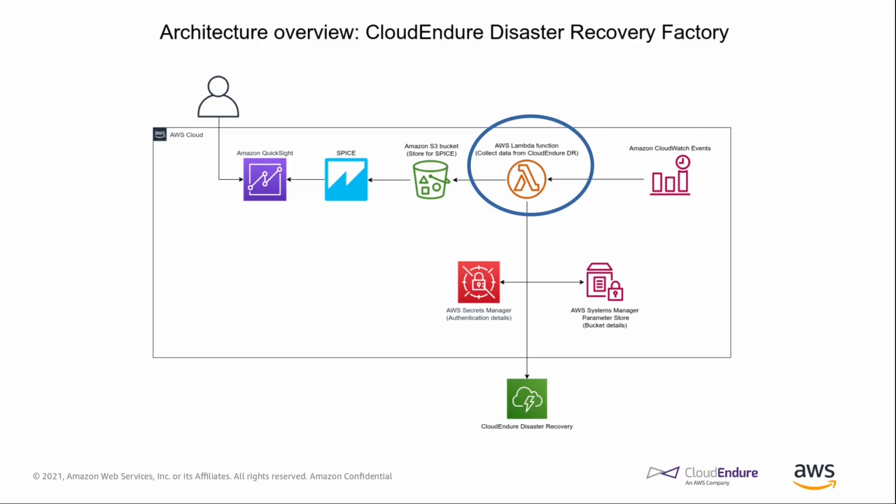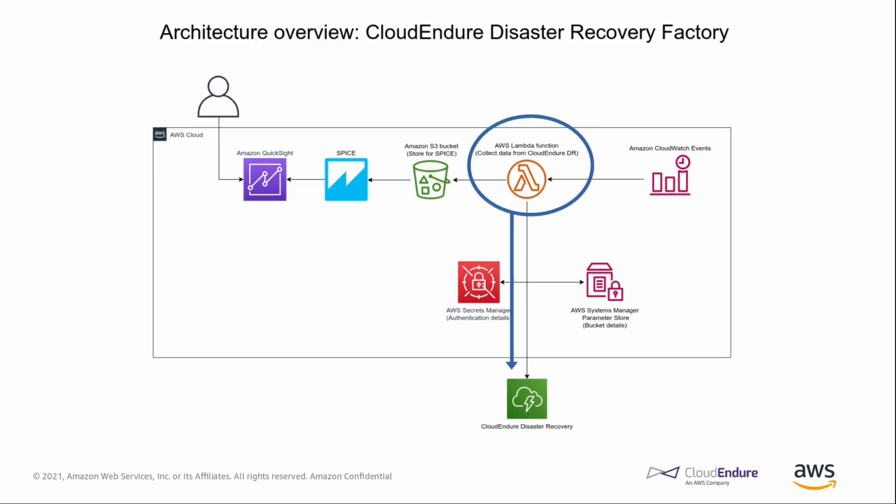The Lambda function then uses the retrieved API token to authenticate against the CloudEndure service and creates a session in memory. It makes a series of CloudEndure API calls to retrieve the data it needs. It parses the retrieved data and generates a CSV file. This CSV file is then pushed to an S3 bucket which was created during the CloudFormation setup process.